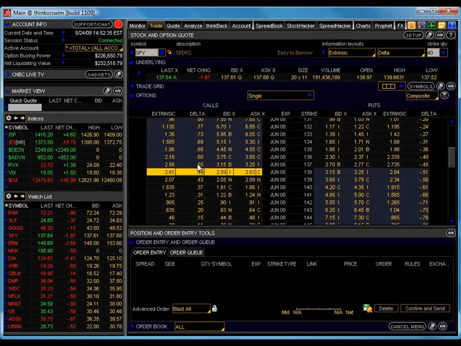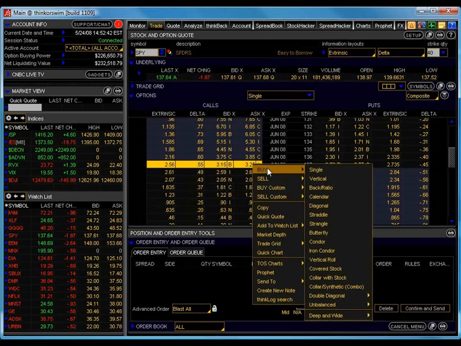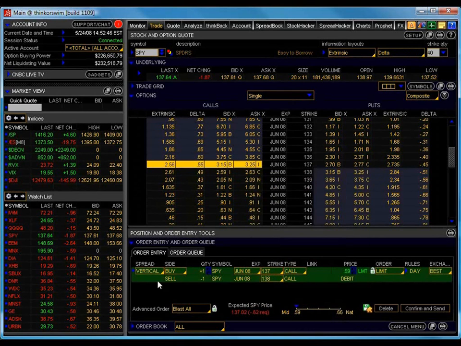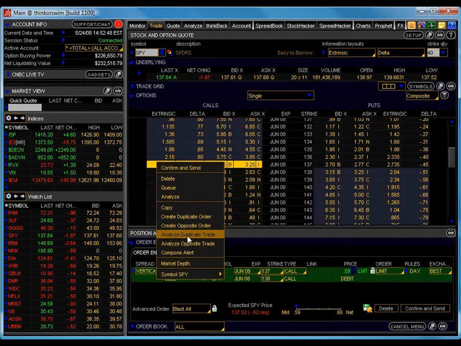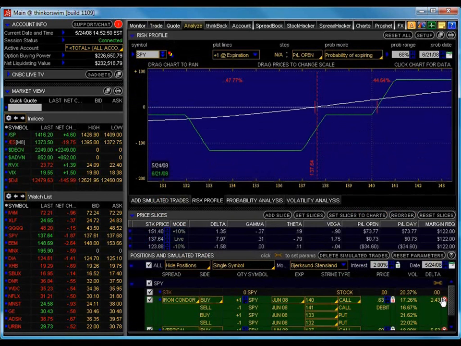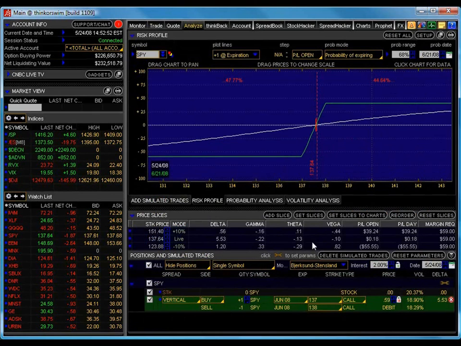You would have a positive delta of 0.06 or 6 cents. Let's try it. We're going to buy a vertical spread, and then we're going to analyze it. And you can see that the delta is a positive 6. It's almost approximately $6. And the theta is negative.